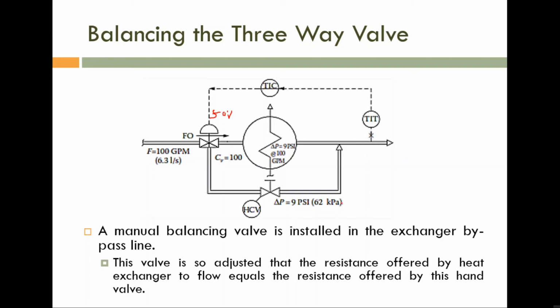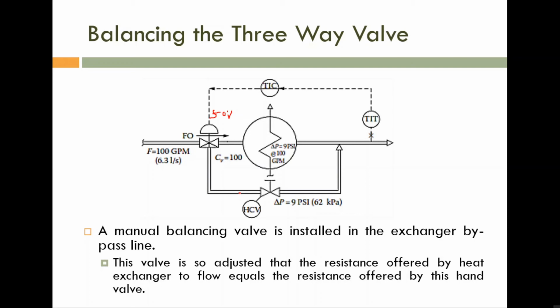If you are asked to explain the three-way valve or bypass line with balancing valve, you have to explain everything about that three-way valve, why we are using a three-way valve, and the advantages that we discussed in the previous slide. Along with that, you have to discuss why we are using the balancing valve.